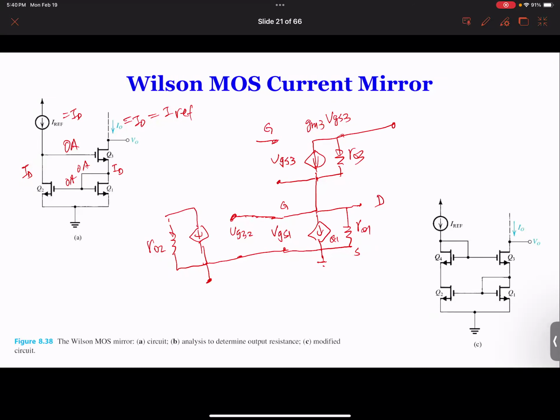The drain is connected to here. So the drain of Q2 is connected to the gate of Q3. Now, look at the circuit right now. It's basically finished. We finished the circuit.